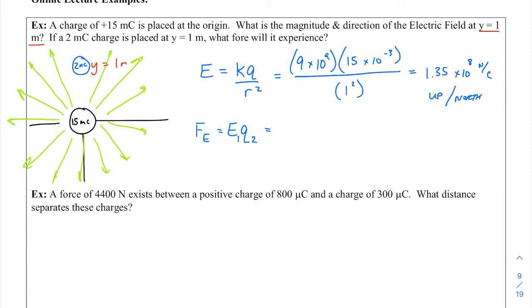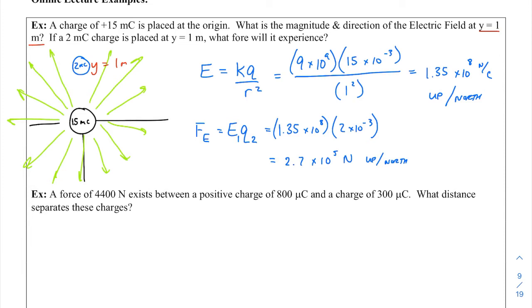So my electric field is this known value of 1.35 times 10 to the 8th, and my Q2 would just be 2 millicoulombs, so 2 times 10 to the negative 3 coulombs, and so the electrostatic force due to that is just that product, so 2.7 times 10 to the 5th newtons, because that's the unit for forces, and the direction is just the same as the direction of the electric field, so this would be up or north.